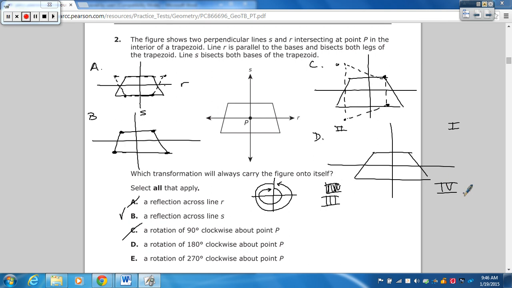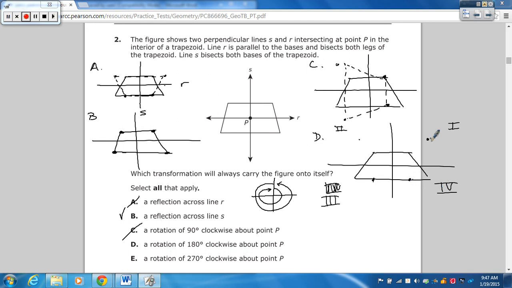And so as I look at this, this is in quadrant number 3, so it goes to quadrant number 1. It'll probably be somewhere up in here. This one goes from quadrant number 4 to quadrant number 2, somewhere up in here. Okay, quadrant number 1 down to number 3, somewhere down in here, somewhere down in here.